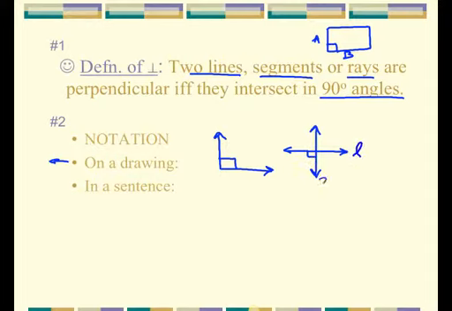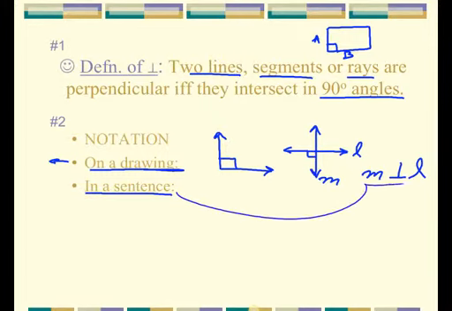So we would say line M is perpendicular to line L, and that's the drawing part of it. In a sentence is what I just wrote right there, and we read it like a sentence: line M is perpendicular to line L. That's why I called that one how we would use it in a sentence, but that little notation really is a whole sentence.